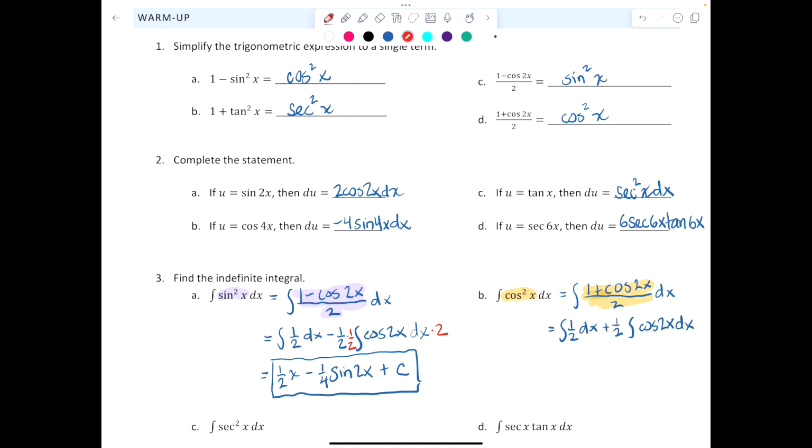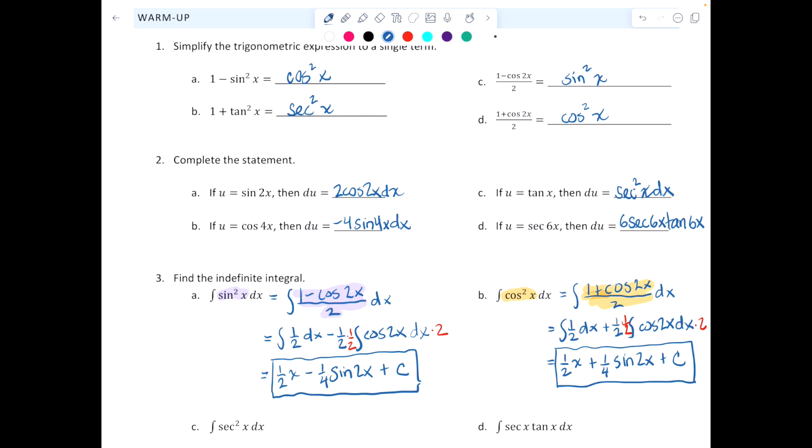Again, we need a 2 for our g prime, so to balance it, we'll multiply by a half, and then integrating, we'll have 1/2 x plus 1/4 times sine at 2x plus our constant of integration c.